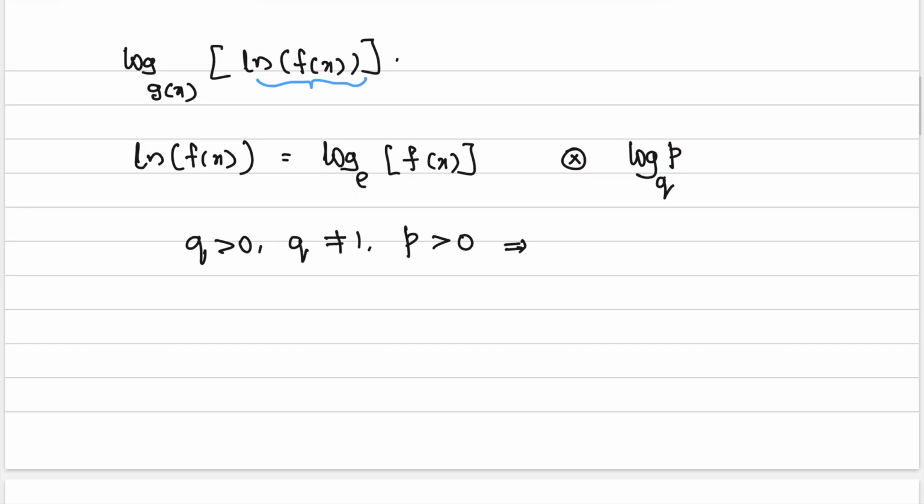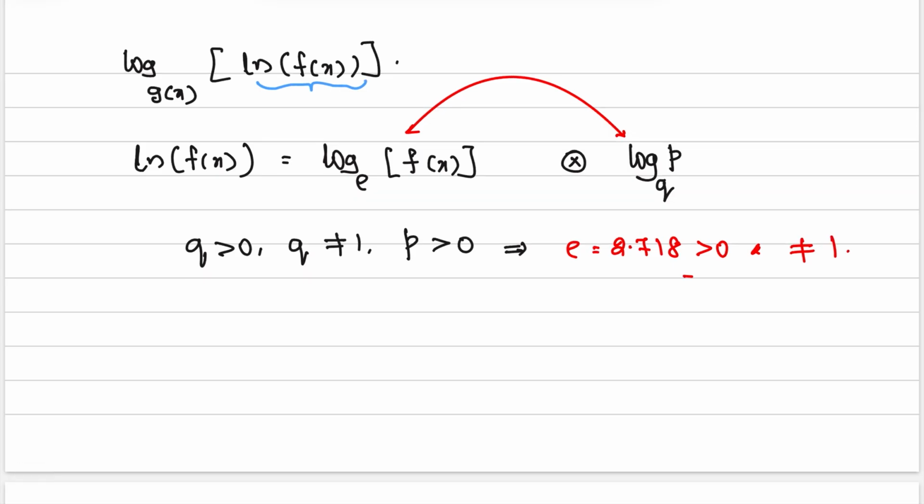Now, from this what happens? When we compare these two, q should be greater than 0. That means e, which is 2.718, is already greater than 0 and it is not equal to 1. That means these two conditions are fulfilled. The base is correct. Now, for log p to the base e to be definable, p must be greater than 0.